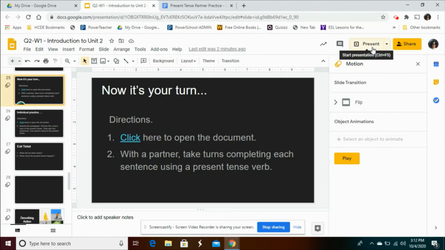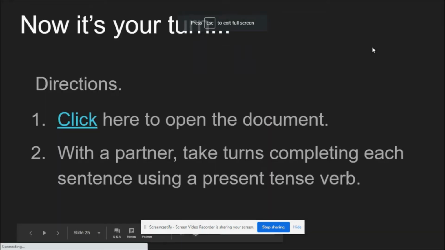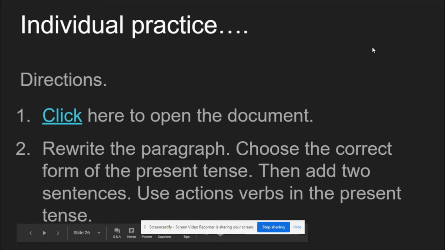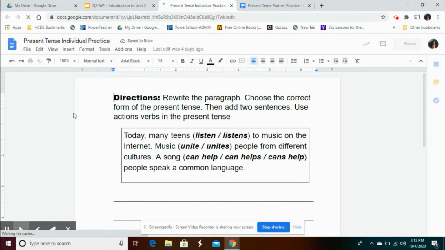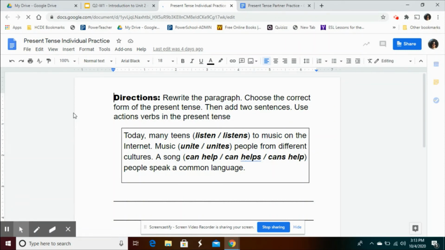Good job. So let's go ahead and go back to our lesson. And the next is going to be an individual activity. So very similar to the one that you just finished, but this one is you and only you. And this one is actually a paragraph that you are going to rewrite. So let me just go ahead and click on it so I can open it. And we're just going to look at it. So I am giving you a very short, small paragraph, and I need you to choose the correct verb to complete each sentence.